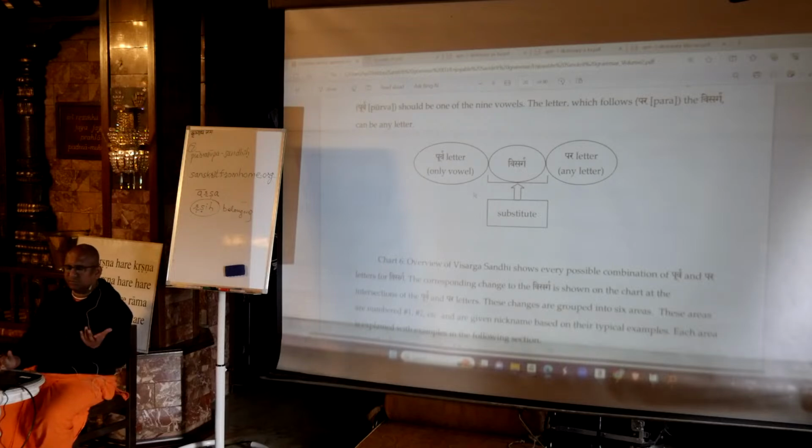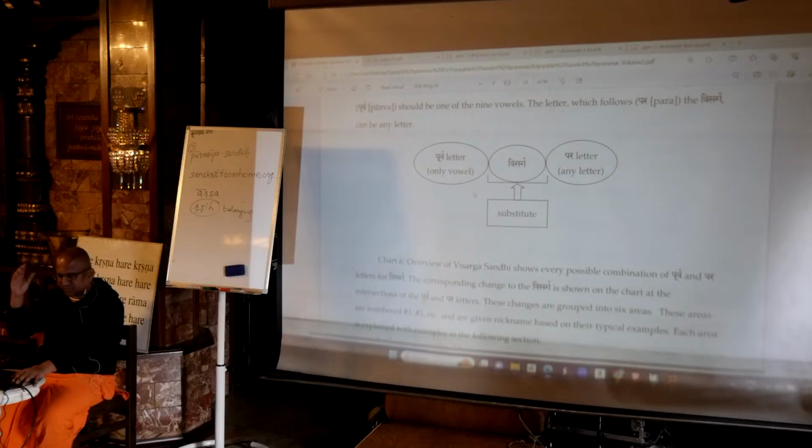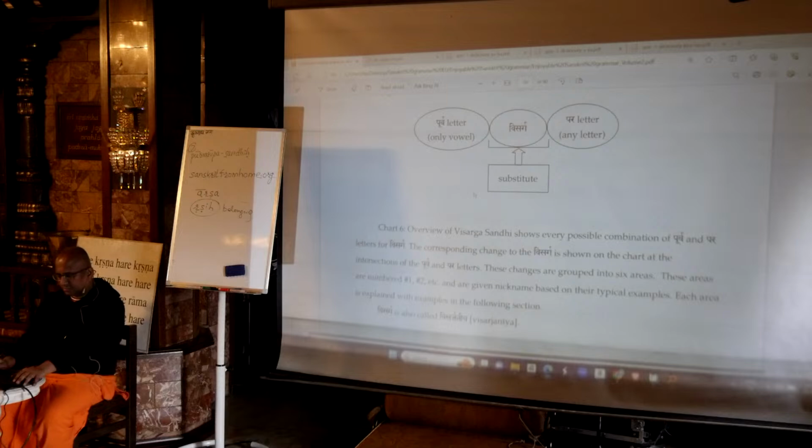Similarly, for a word like Matrihu, it becomes R and Hu. But there are very few words with R like this. Some you find in Vedic, otherwise you will primarily find the others.